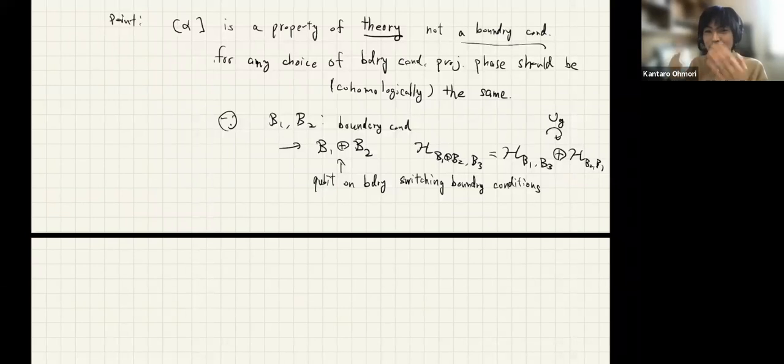If I axiomatize the QFT, I also demand that the sum of the Dirichlet and Neumann boundary conditions is also allowed. I agree that it's a more non-trivial statement, but yes.